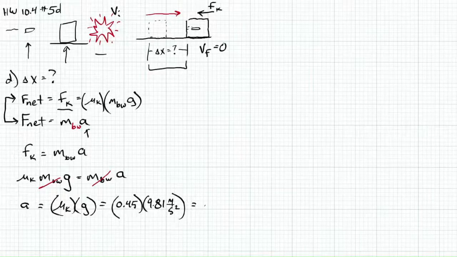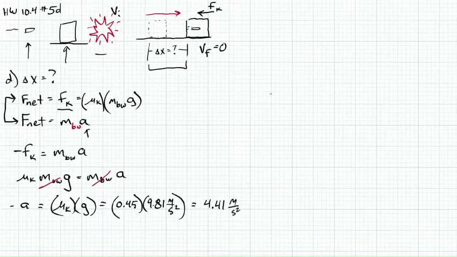That gives us an acceleration of 4.41 meters per second squared. Really, it's a deceleration, because that force is acting in the opposite direction. So 4.41 is our deceleration.